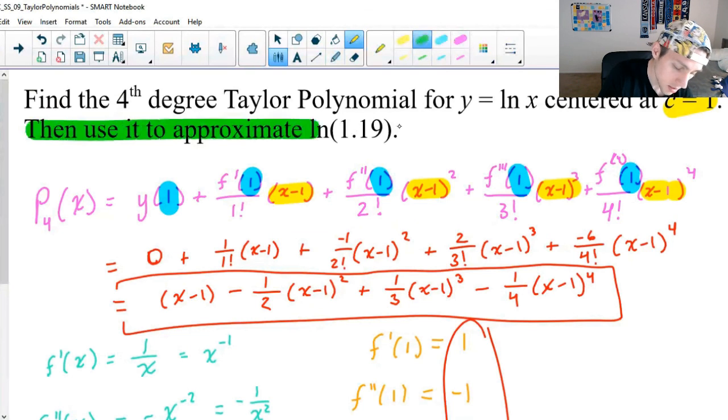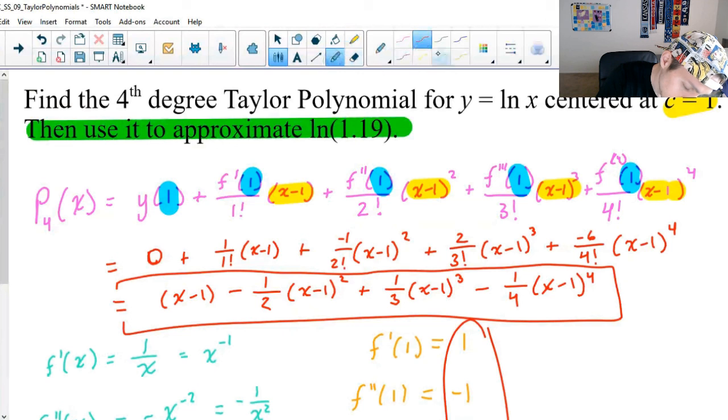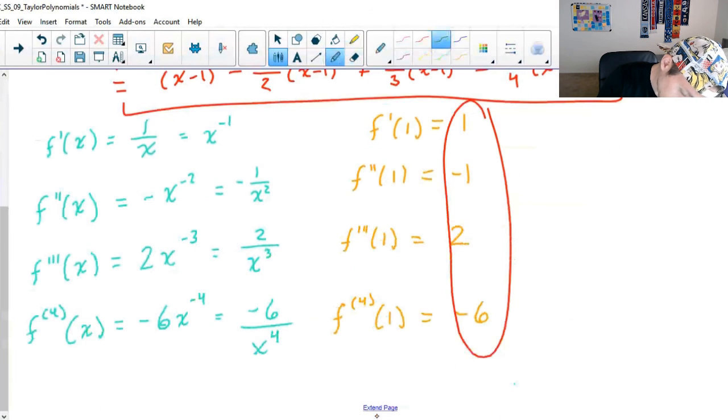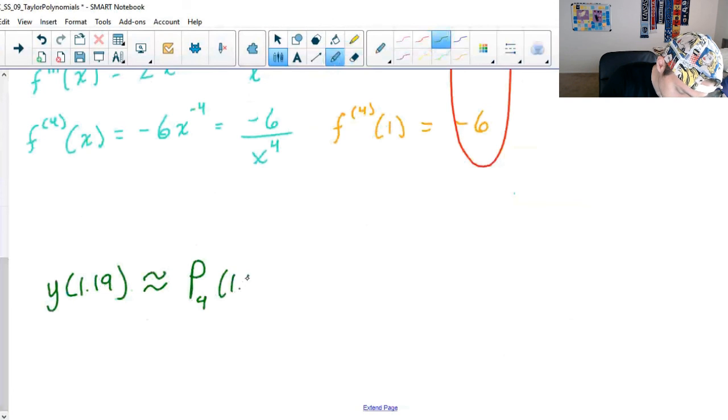So the last part of the question says, use it to approximate natural log of 1.19. So that's why we use Taylor polynomials. So that is approximately our 4th degree polynomial that we found if we plugged in 1.19.